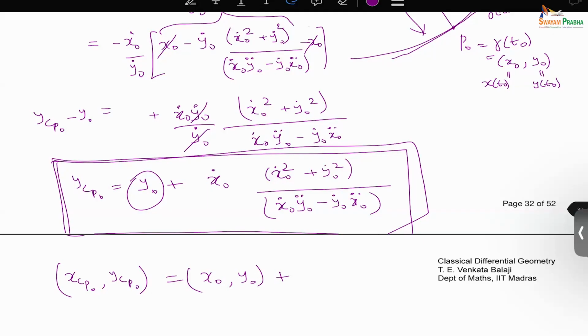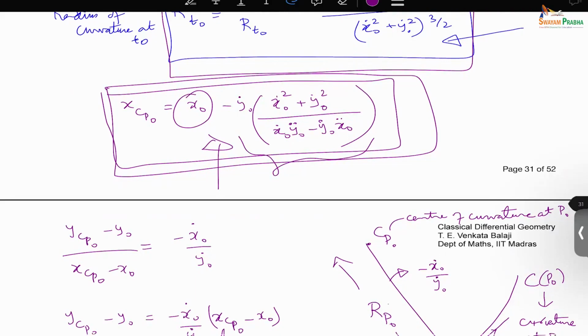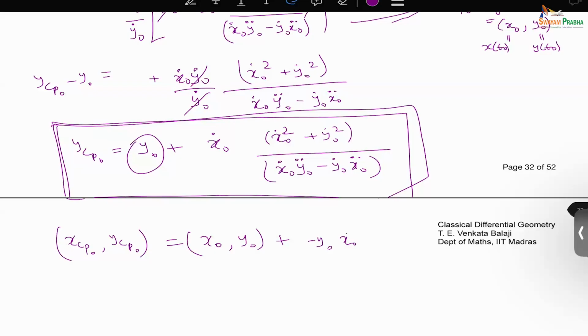so think of this as addition of vectors, comparing two vectors component wise. Then the next term is going to be, the x component is going to be minus y naught into this expression, x naught dot squared plus y naught dot squared by x naught dot y naught double dot minus y naught dot x naught double dot.